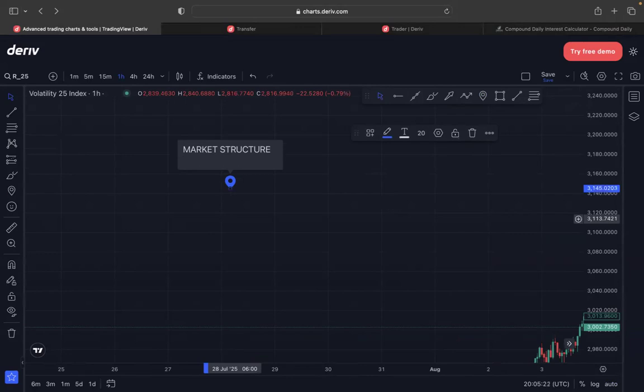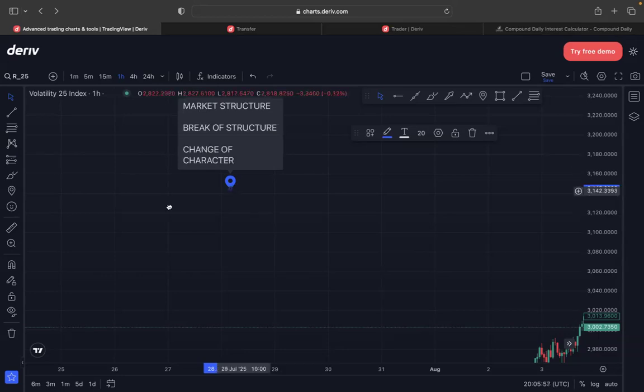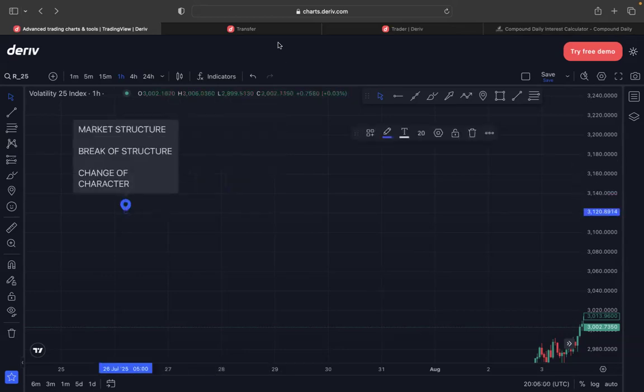Another market structure topic we're going to be talking about is break of structure and change of character. All right, so this is what we're going to be talking about in today's Zoom meeting.